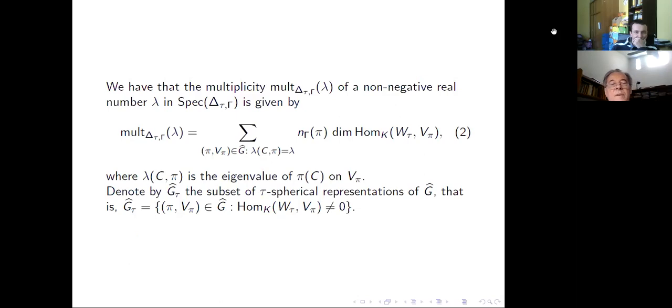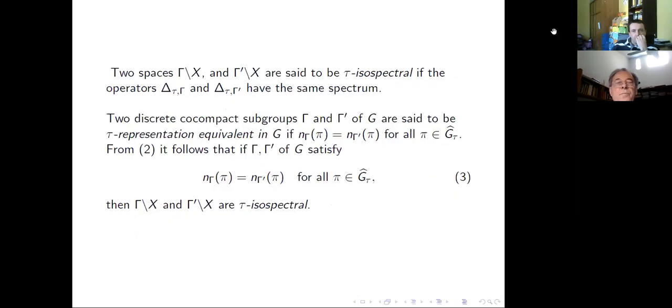So we denote by G hat tau the subset of tau-spherical representations of G, that is the pi such that Hom_K(W tau, V pi) is non-zero.